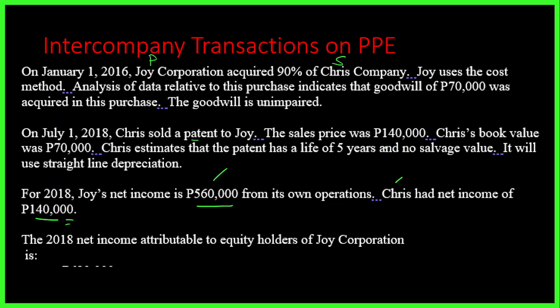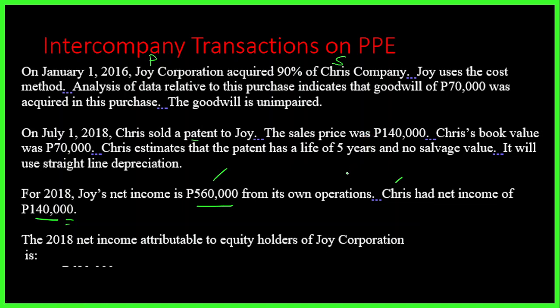Okay. Now, for PPE transactions or long-term asset transactions, all of your profits coming from intercompany transactions will be eliminated at the date of intercompany transaction, and then they will be realized based on its remaining life.